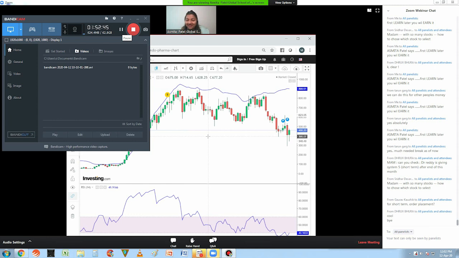Next, can you just see the settings here? Inputs, style. We don't need this hide line, just remove this.